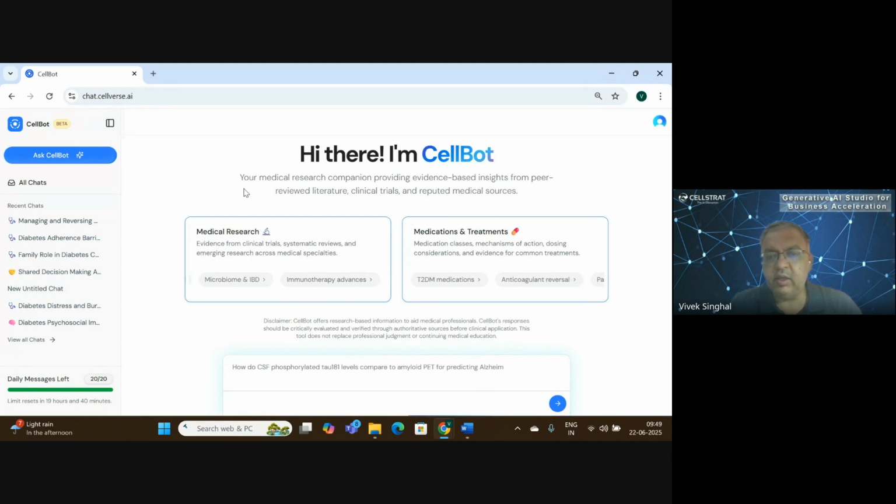Granted, it doesn't detect if you are a consumer, patient, or IT professional. It has no such limitation. Anybody can use CellBot, but indeed, the primary target audience so far is doctors and students. Over time, we will build personas for consumers and patients as well. And not that it can't answer today.